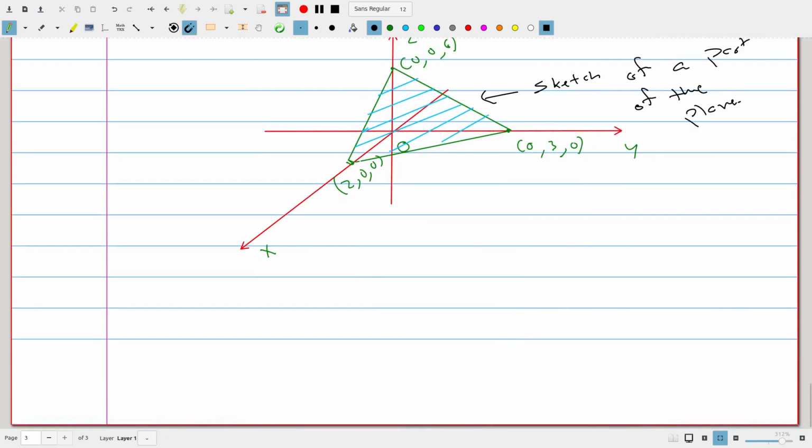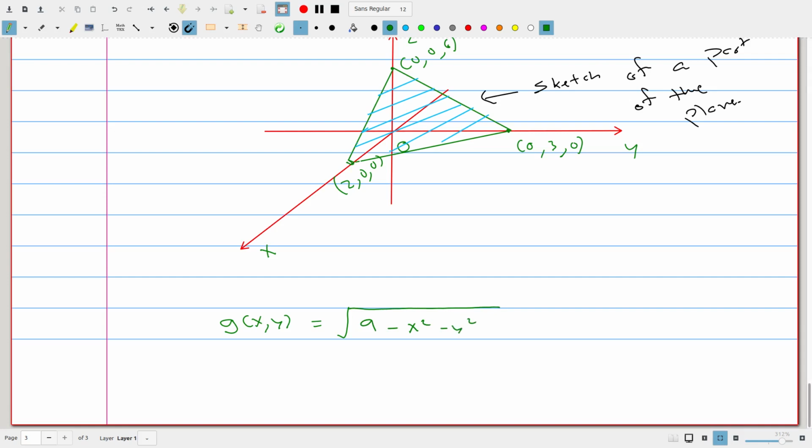So let's look at the sketch of the function given by g of xy equals the square root of 9 minus x squared minus y squared.